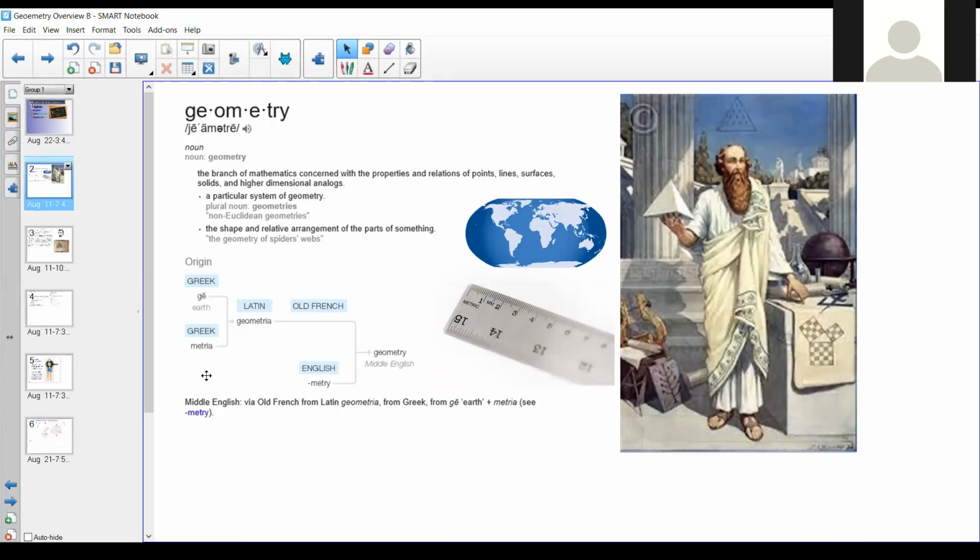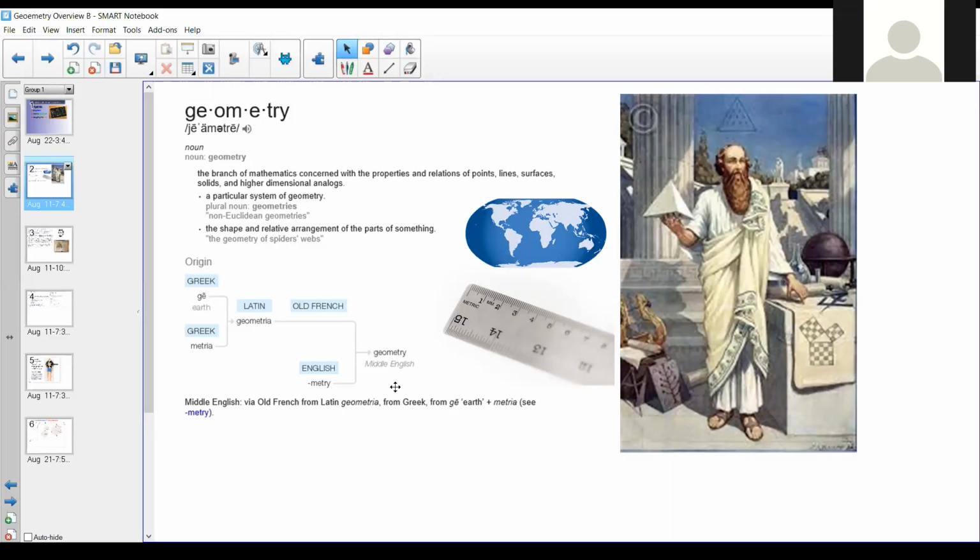What other word in our English vocabulary can you think of that might have its roots in the word metria? Somebody type it in. Okay, good. Jonathan said measure, right. So from the Greek we have geometria, and then from Latin, geo being earth, geometria, and down to our English word geometry.